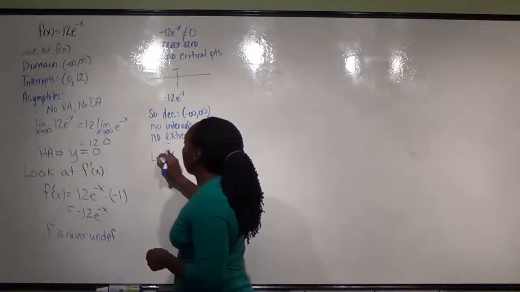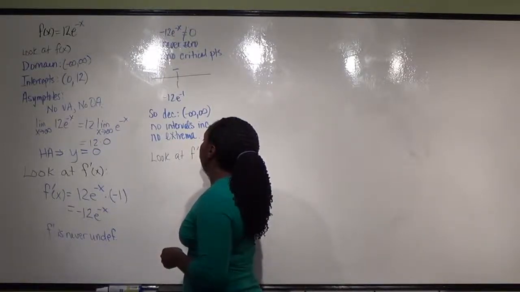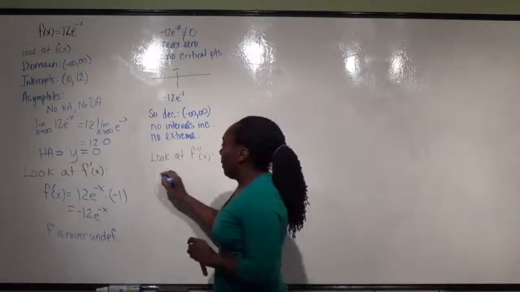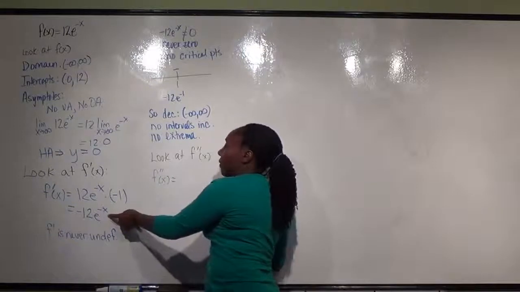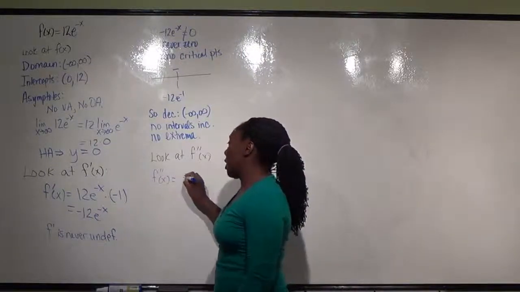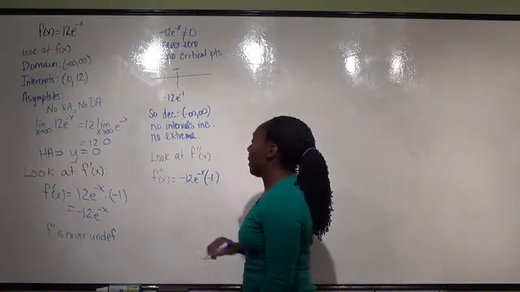Alright, so now let's look at f double prime. So f double prime, we're going to take the derivative of negative 12e to the negative x. Again, it's itself, so negative 12e to the negative x times the derivative of that exponent.